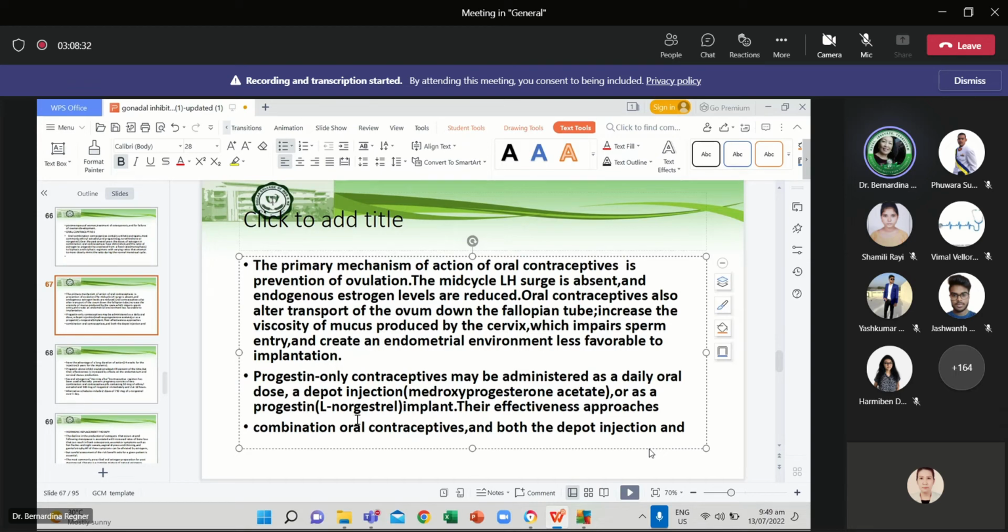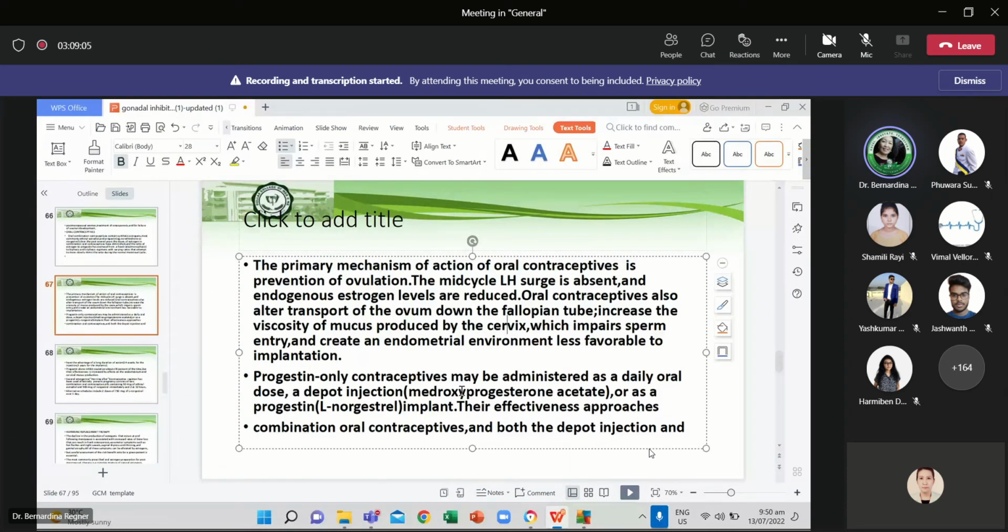I repeat, what are your preparations of your progestin as contraceptive, not only orally, but also, number 1, oral dose. Number 2, depot injection. What is the progestin form here? Medroxyprogesterone acetate or as an implant.